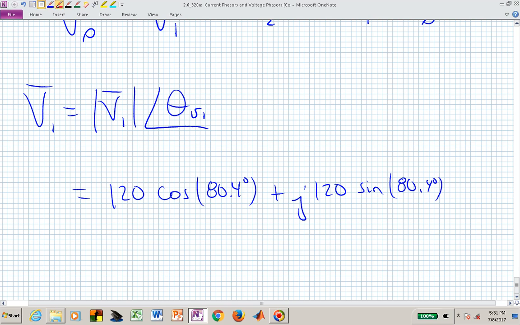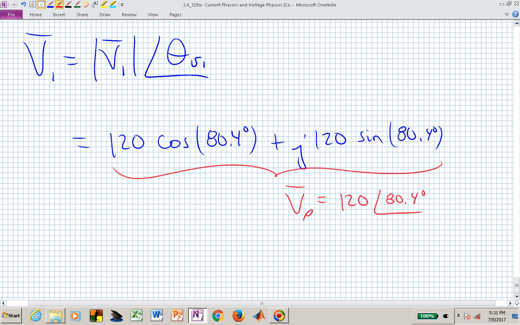These two pieces are V sub S written in rectangular form, and since I'm trying to subtract angles, I need to convert them into rectangular form to show it in your calculator. You could probably just subtract these polar forms and it would be fine.